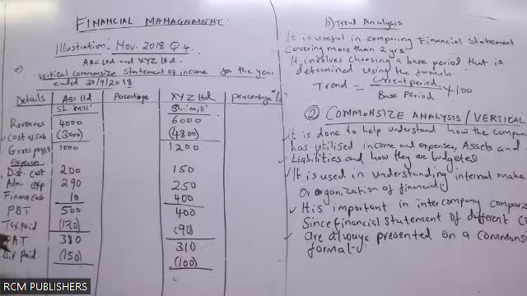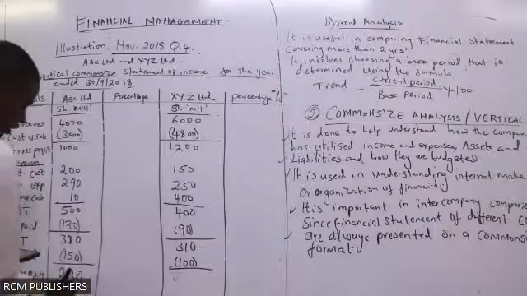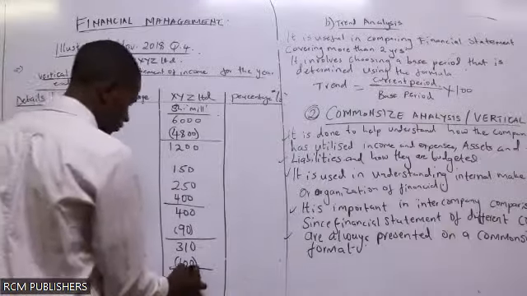So this one remains with 230 retained profit for the year. Retained profit for the year. Profit for the year. For you, just write the full of it. 230. Then we have 210.